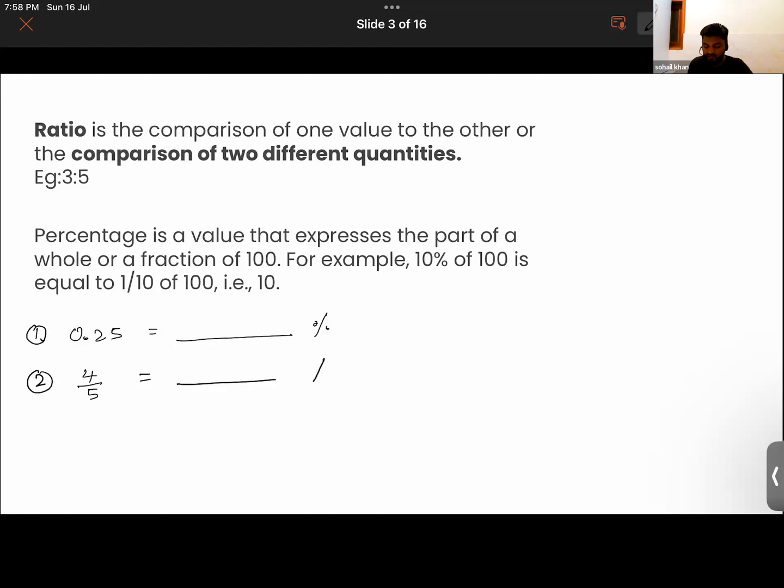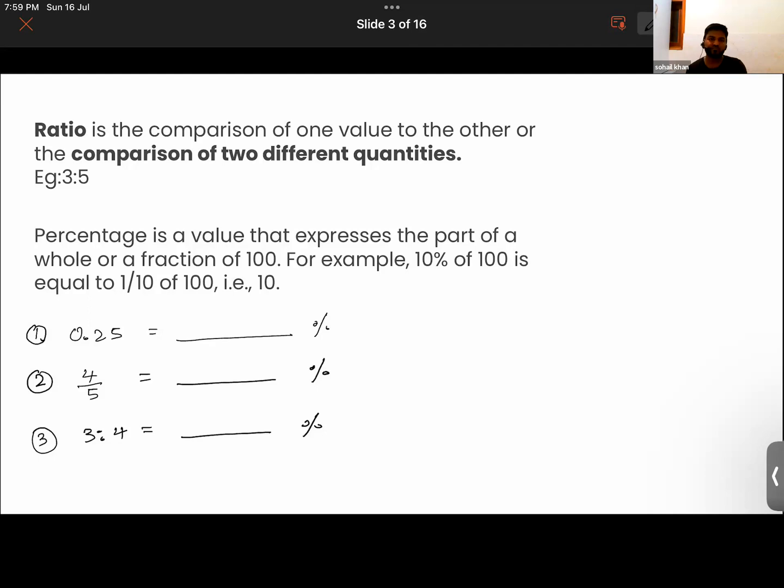4 upon 5 into percent. Okay, there's some variation now. And the third one, 3 upon 4 into percentage. Now, see how we are supposed to solve these questions. Any value that we need to convert into percentage, what do we need to do?